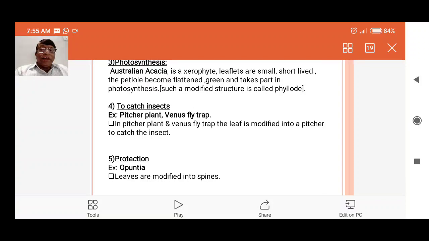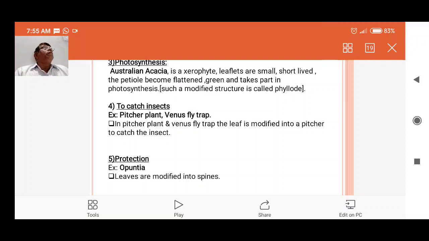In order to get the nitrogen, these plants catch the insects. Such plants are called insectivorous plants. In pitcher plant, the leaf is modified to catch the insect. Even in Venus fly trap, the leaves are modified to catch the insects.